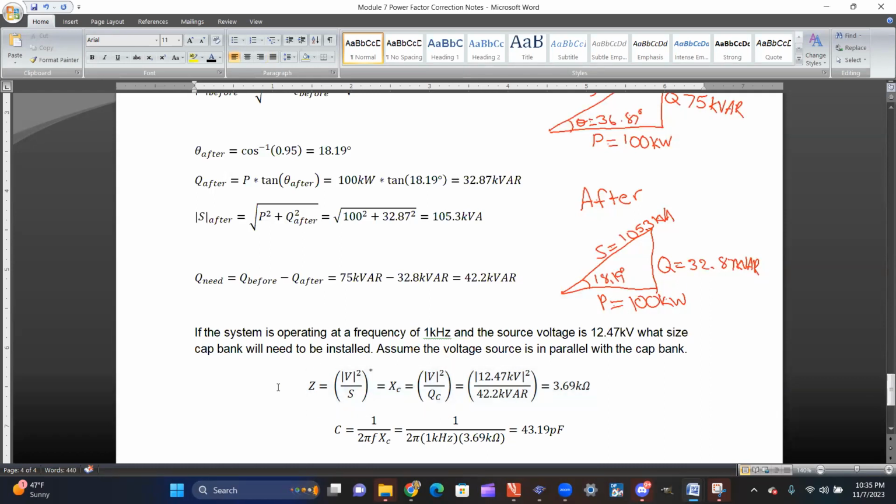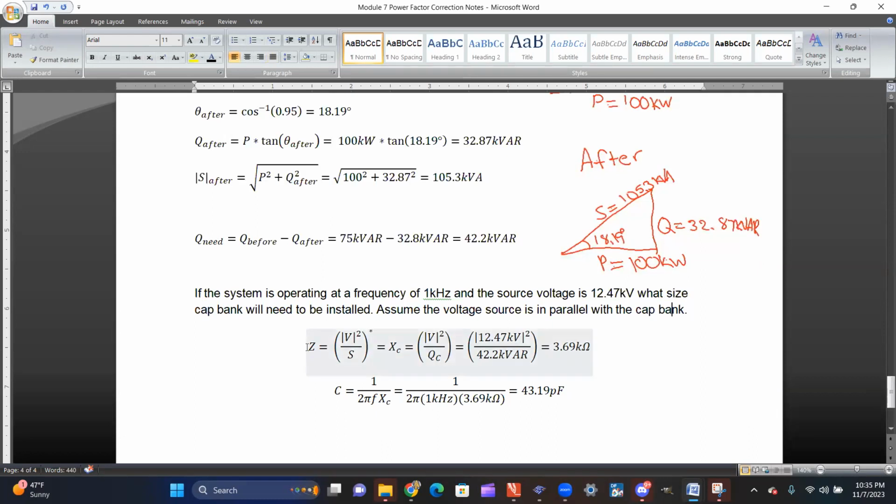All right, so we can start off by using this formula right here. This is the formula that we derived in the last video: Z equals the magnitude of the voltage squared divided by the complex power. This is coming from our derivation of the complex power to solve for the impedance.